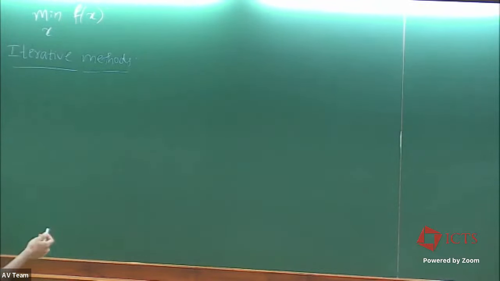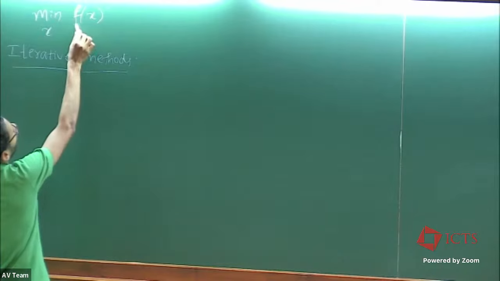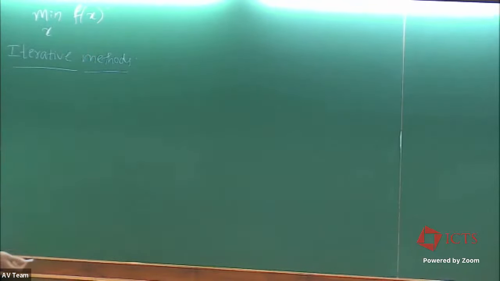The first question that comes to mind is how do we have access to this function f? We need to know the function f in order to be able to minimize it.